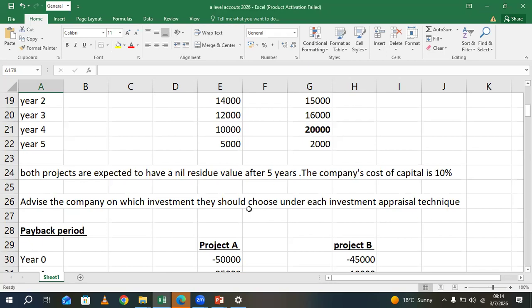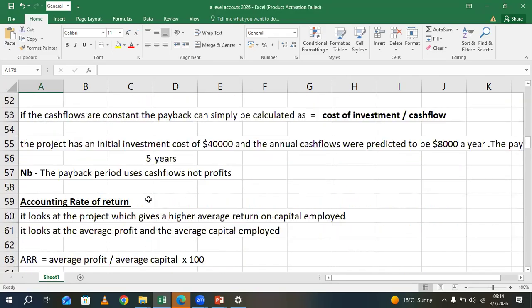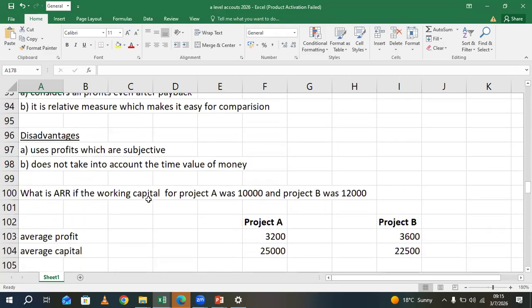So for IRR, we need two discounting rates or two net present values. So you're going to use the 10% that they've given us and another discounting rate.